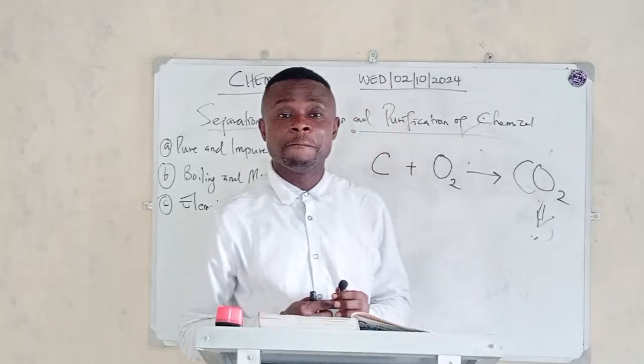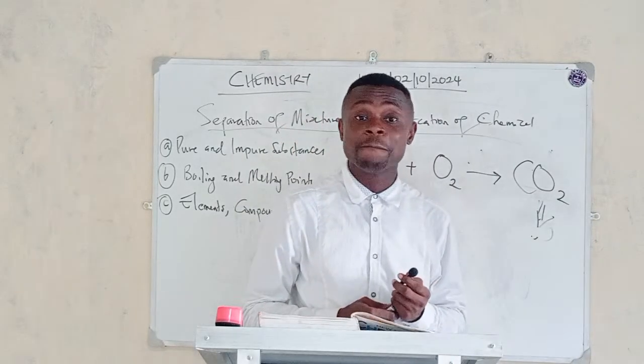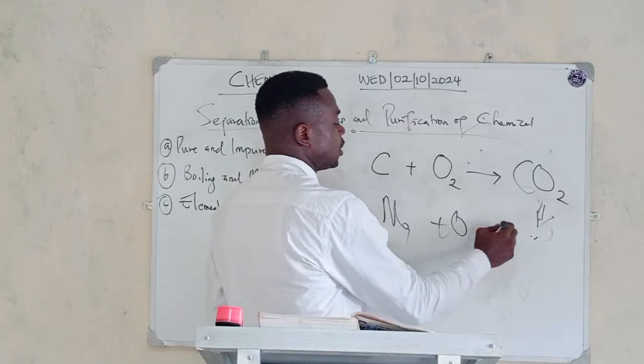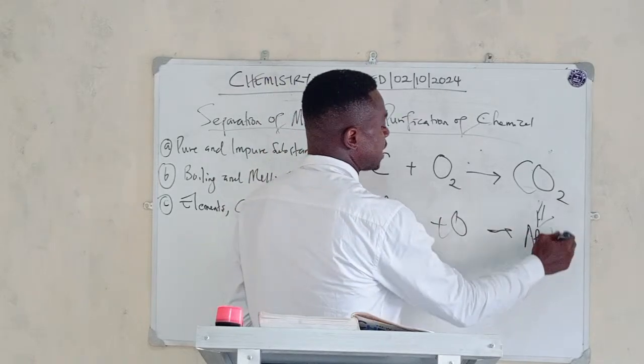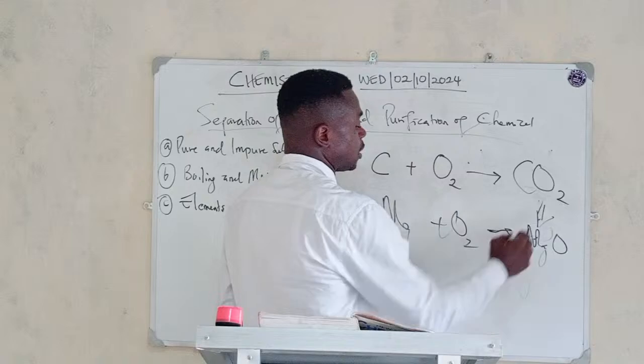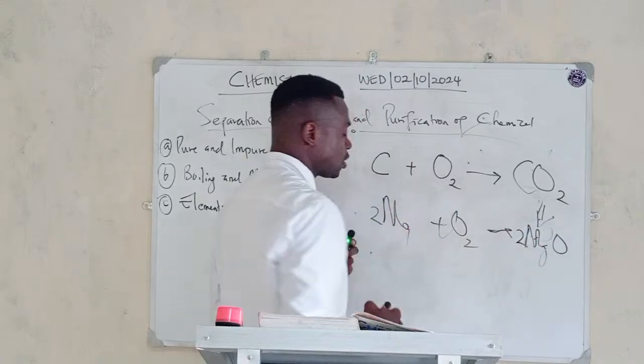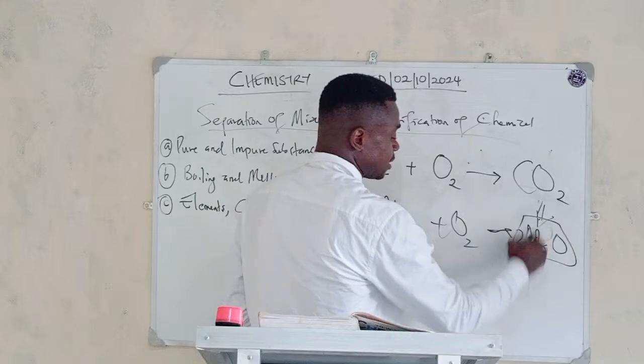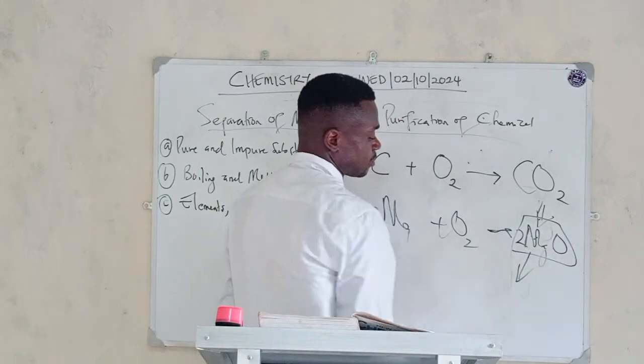But when metals react, they form basic oxides. If magnesium reacts with oxygen, it forms magnesium oxide, and this oxide is basic.